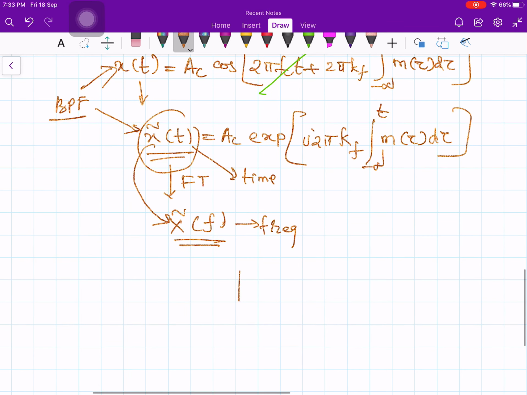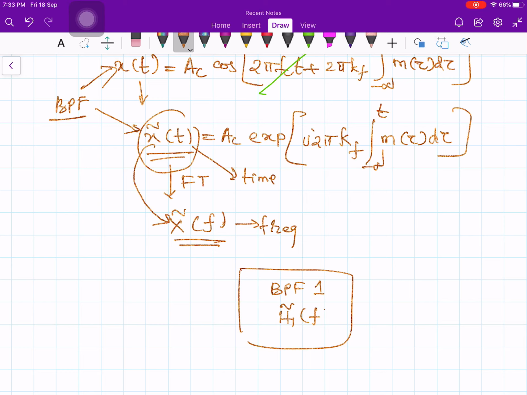Therefore you have bandpass filter 1. Its complex envelope representation is h1 tilde of f and the input is x of t, but in the complex envelope notation it is x tilde of t. In the frequency domain it is capital X tilde of f. What is the output? Let me call the output S1 tilde of f.